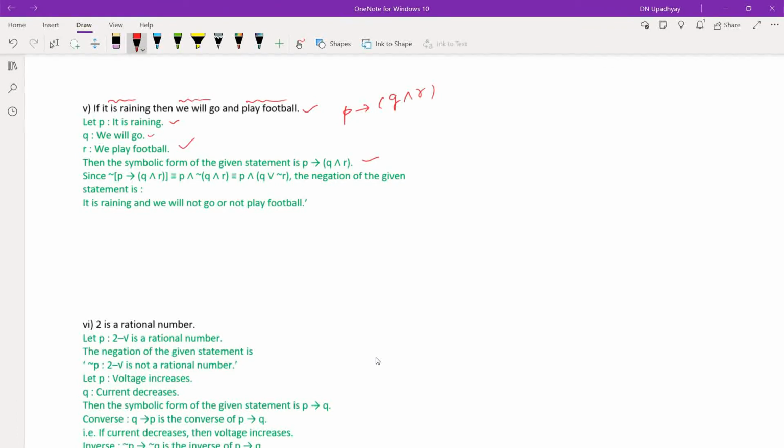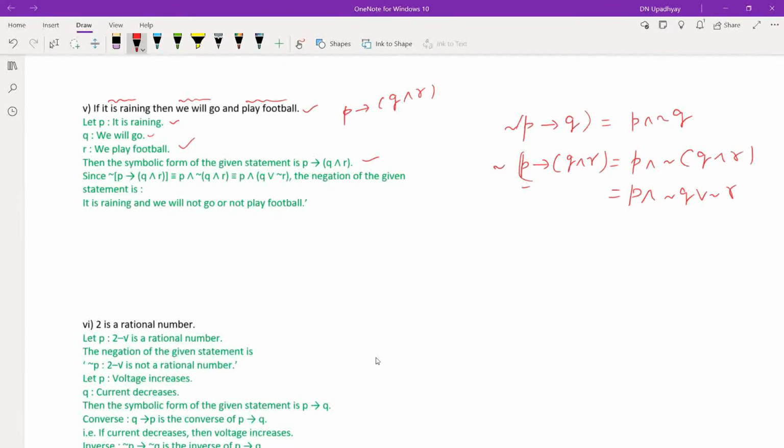Now negation of this will be, see what is the negation of P if and then Q is nothing but P and negation Q. So negation of P if and then Q and R will be, first term will be as it is, P and negation of Q and R. So if we break, then P and this will be negation Q or negation R, right?